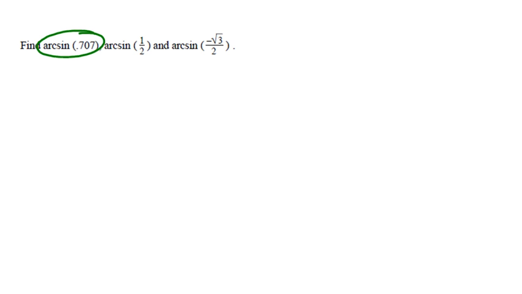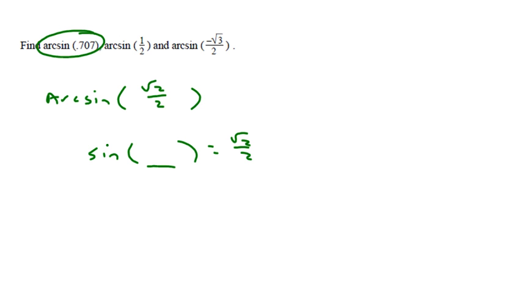To rewrite that in more helpful notation, 0.707 is root 2 over 2. This is saying sine of what will give me root 2 over 2? Well, we know that that is pi over 4. So this equals pi over 4.